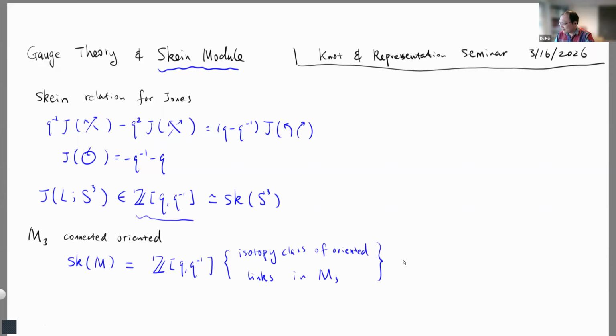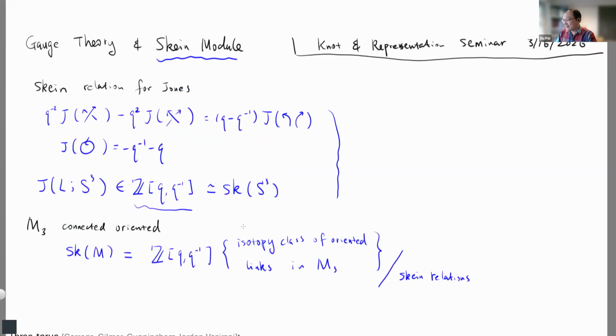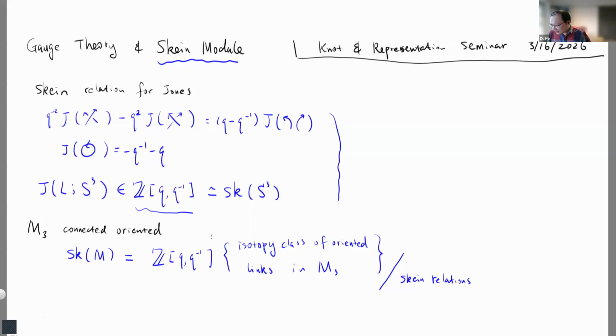And again, when modded out by the skein relations, so again these two relations, that defines a module over this ring, and that's known as the skein module.